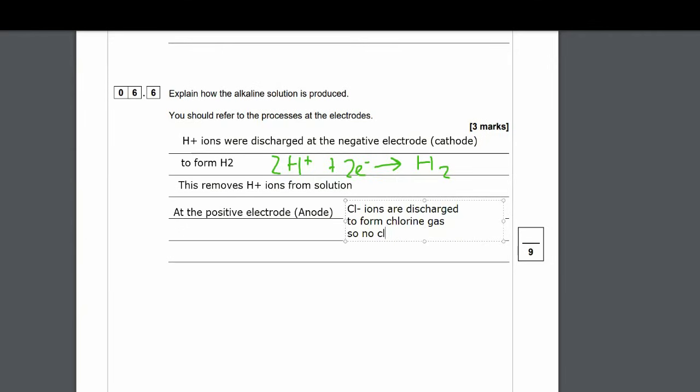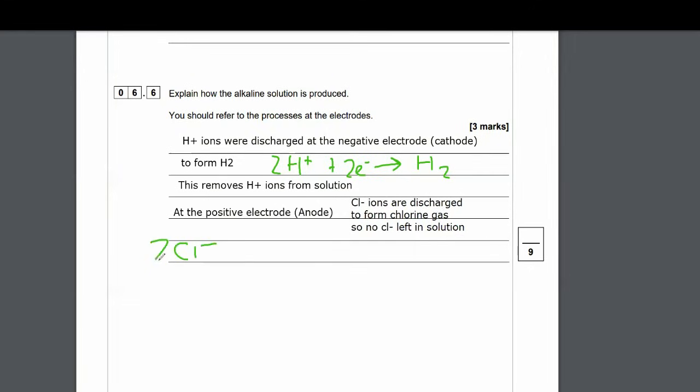So no Cl minus left in solution, which means that all of our chloride ions are gone. Now, if I really want to do the half equation, I'm just doing it to show you guys, but you're going to have 2 chloride ions. They're going to form chlorine gas and give back their 2 electrons, which go into the electrode, and round they go. So we've removed the hydrogen and the chlorine.